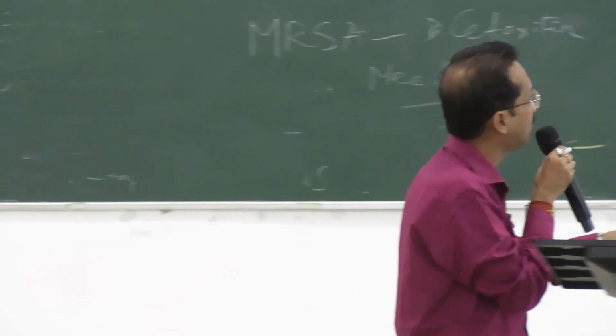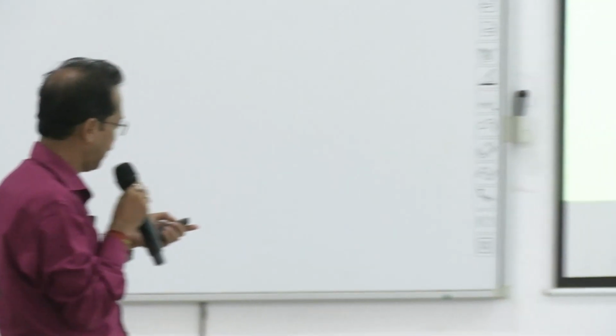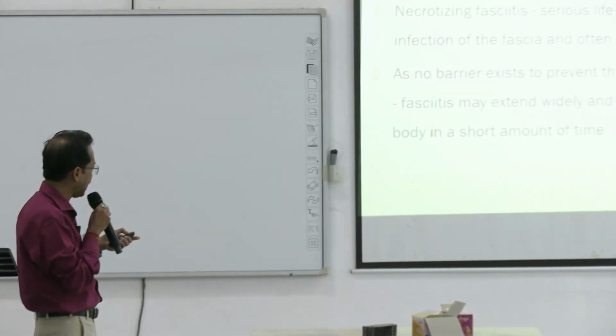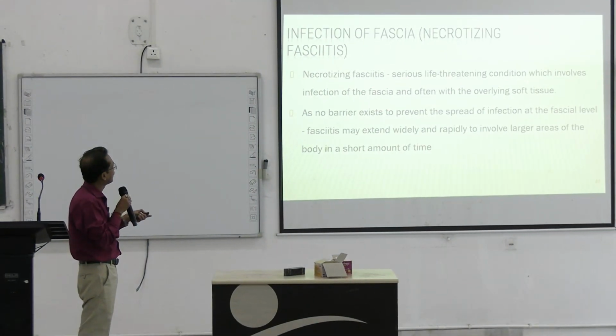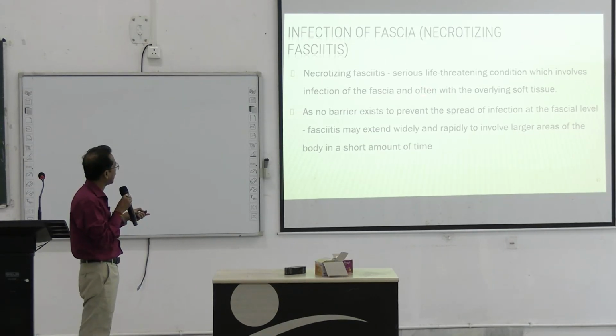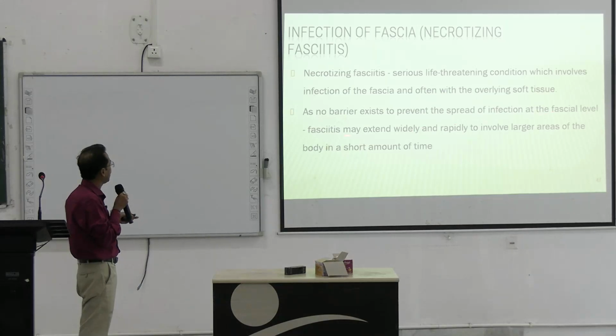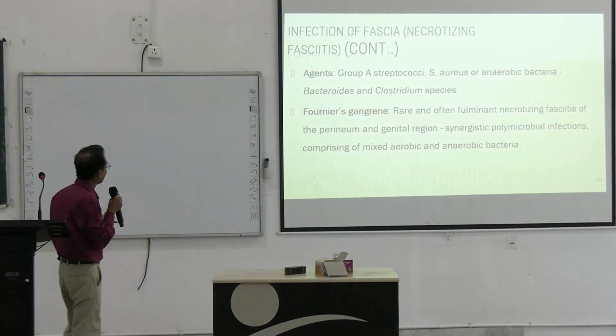Not covering that now. Necrotizing fasciitis is a serious life-threatening condition because it leads to septicemia. Once the fascia is involved, infection will spread below the fascial level, that is muscle and bone. That's why necrotizing fasciitis is so dangerous.